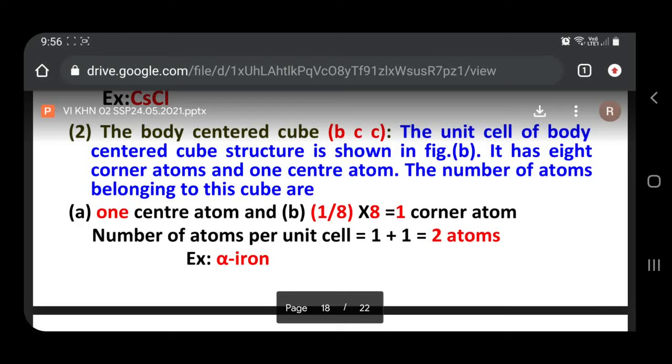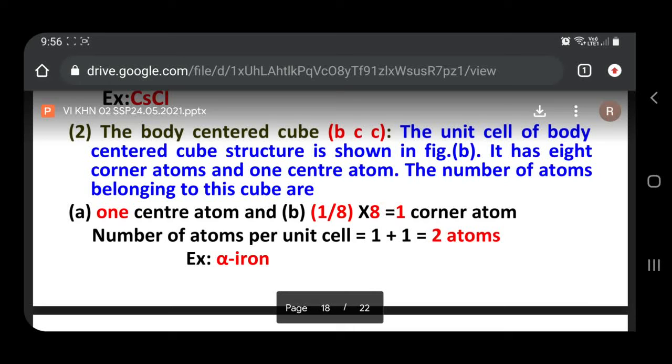One centrally located lattice point or atom, and second the same calculation: 8 corners are there, at each corner only 1/8 of an atom is contributing to the unit cell under consideration. So 1/8 portion of an atom, 8 corners, makes again 1 atom. So total number of atoms per unit cell, total number of molecules per unit cell, total number of ions per unit cell if it is an ionic crystal, right?